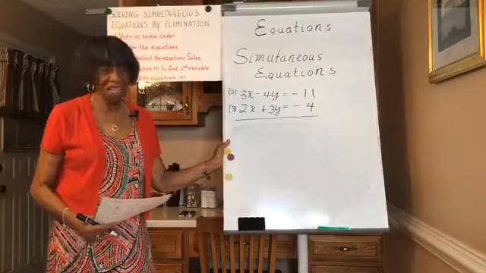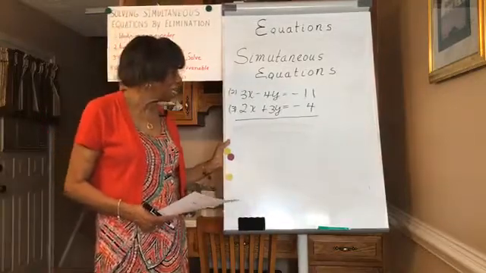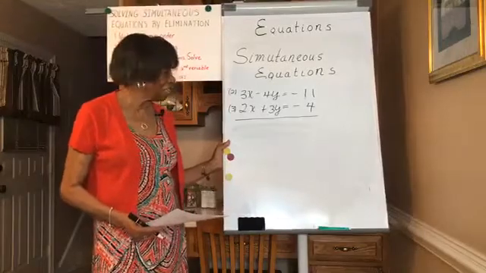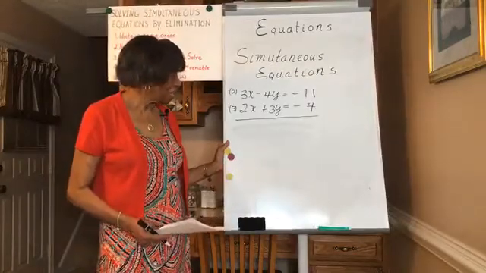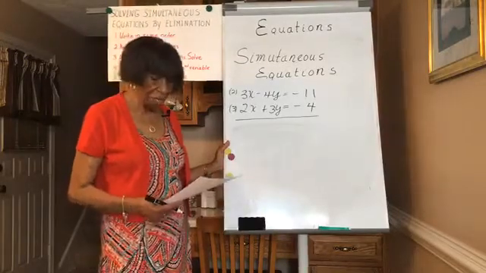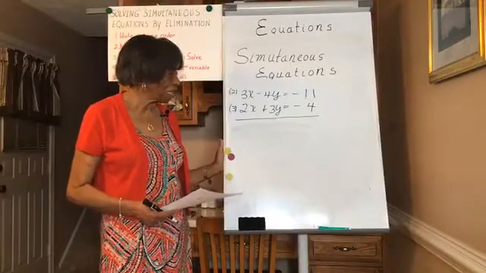Did anyone find one of the variables? Did you find X or Y? I think I found Y first. I eliminated the X's. But if you eliminated the X's, then you will find the Y first. Depends on which one you eliminate.